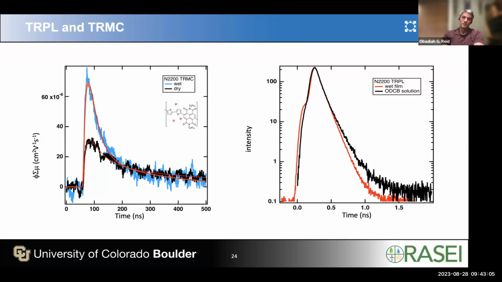And I'm missing a trace here in the TRPL comparison, but basically, consistent with prior results, the TRPL didn't really change, right? The solution is barely distinguishable from the thin film, and the thin film is not distinguishable, depending on whether it's wet or dry.